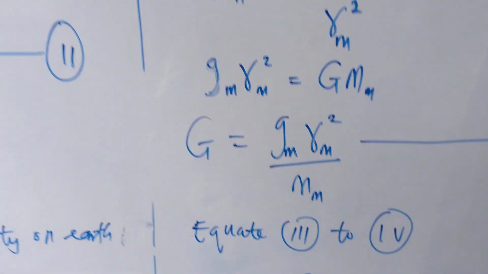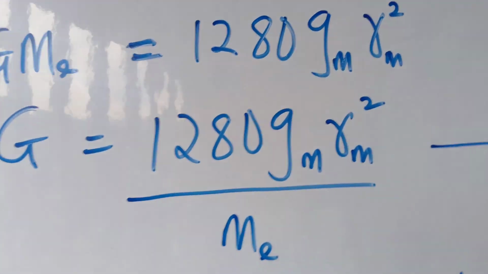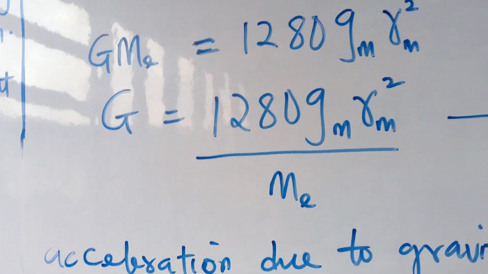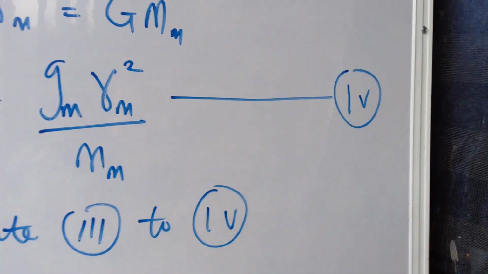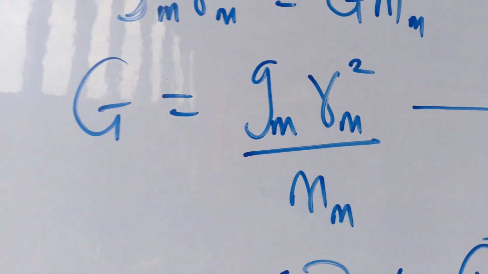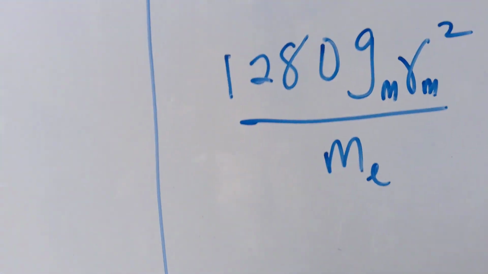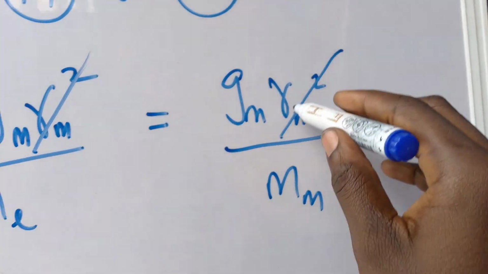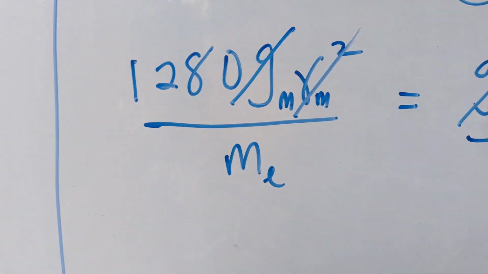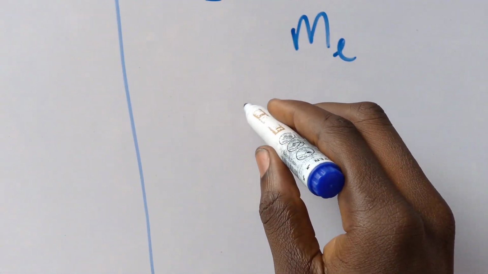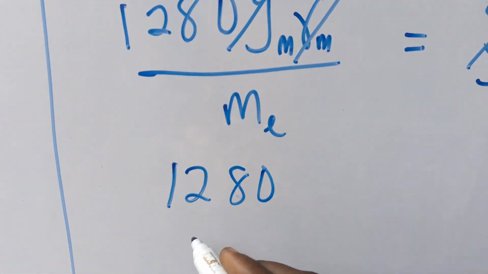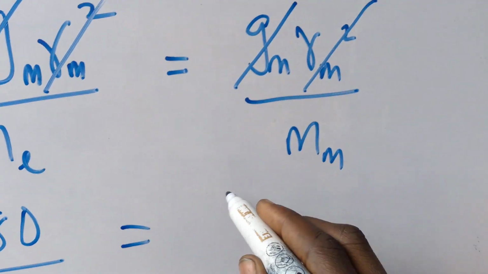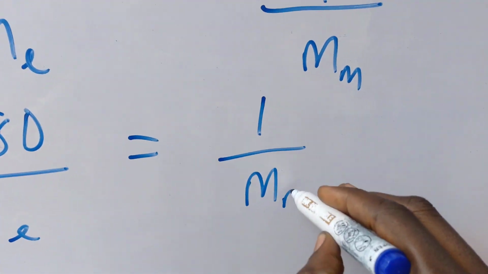This is equation 3, which is 1280 GM RM square over ME. I then equated it to equation 4, which is GM RM square over MM. So I equate them, and then what am I eliminating? I eliminate GM and RM square on both sides. So I'm left with 1280 over ME is equal to 1 over MM.